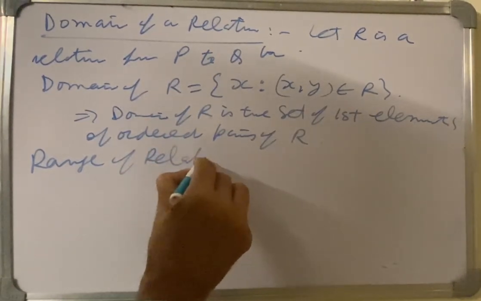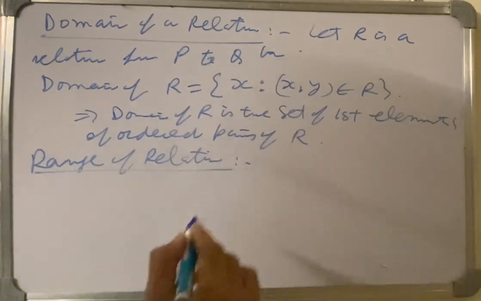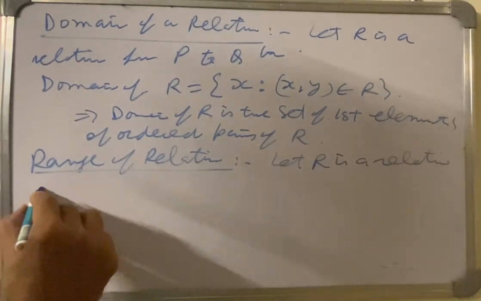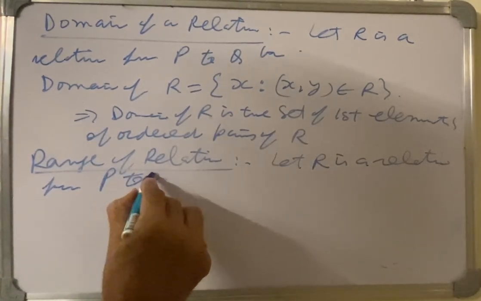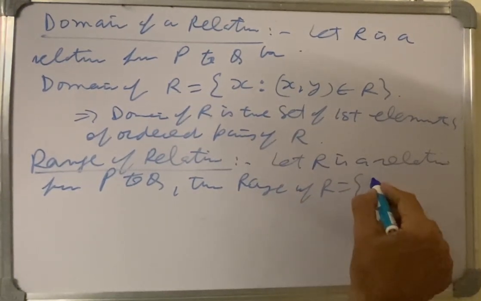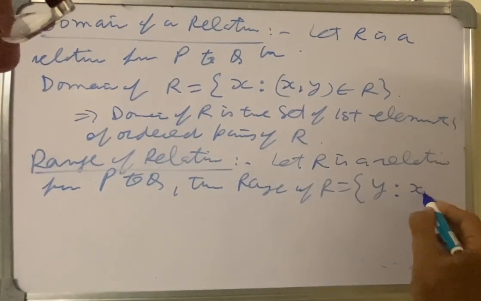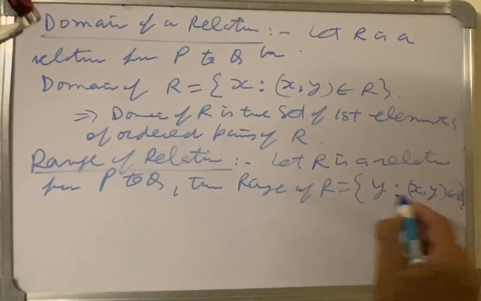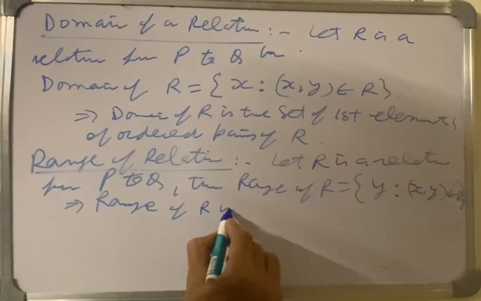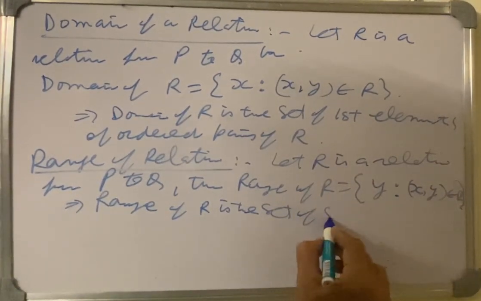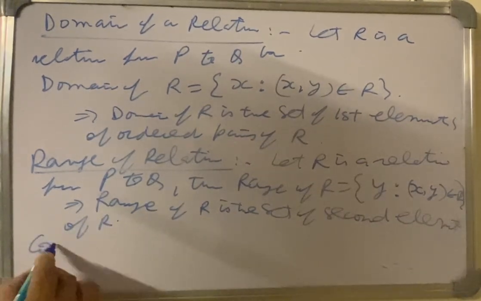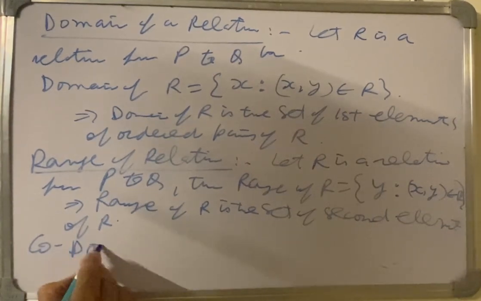Then we take the range of a relation. Let R be the relation from P to Q, then the range of R is all elements y such that (x, y) belongs to R. This means the range of R is the set of second elements of R. Then the codomain of a relation.